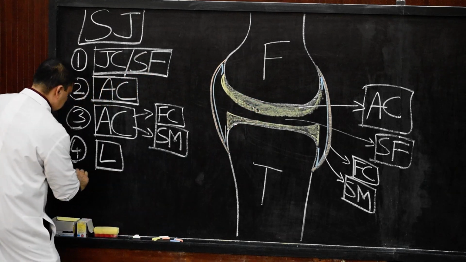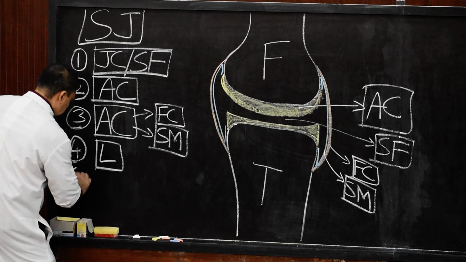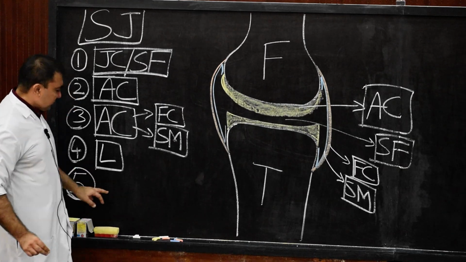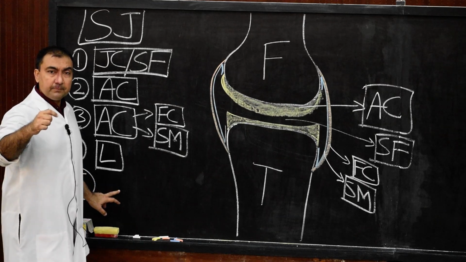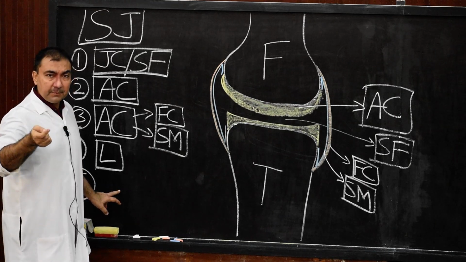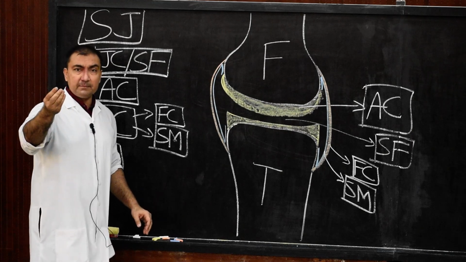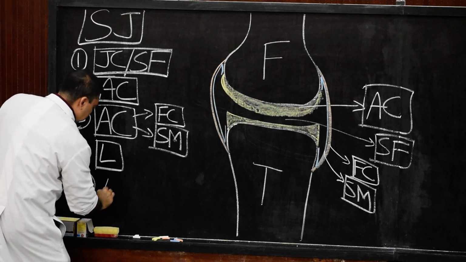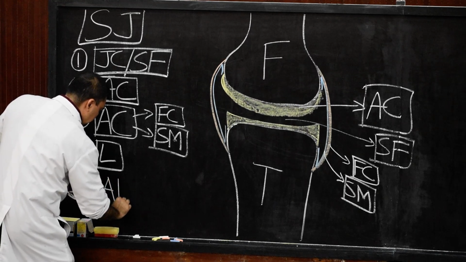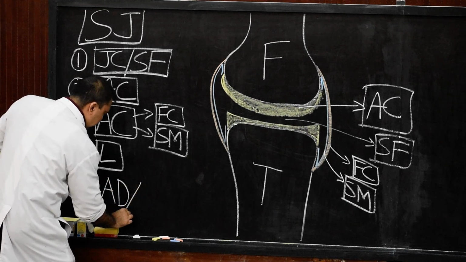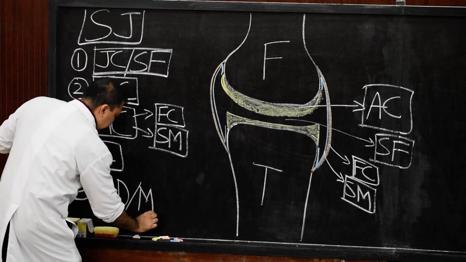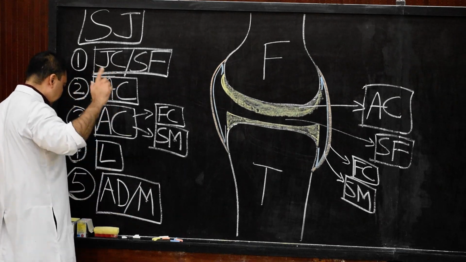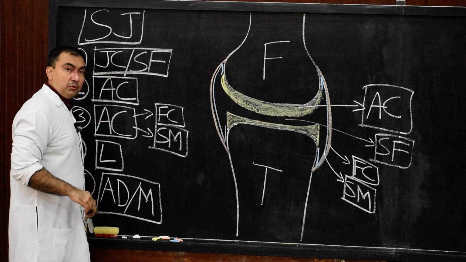And the last feature: sometimes synovial joints are completely or incompletely divided by the presence of an articular disc or meniscus. So there will be an articular disc or meniscus which divides the synovial joint into two compartments.